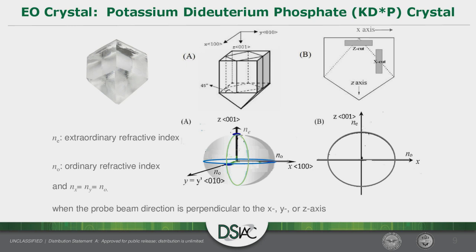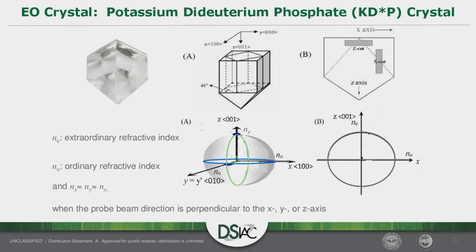If you put it this way and send the probe beam in that direction, that shows the ordinary refractive index and the extraordinary refractive index, which is smaller than the ordinary refractive index. So that's a three-dimensional picture.